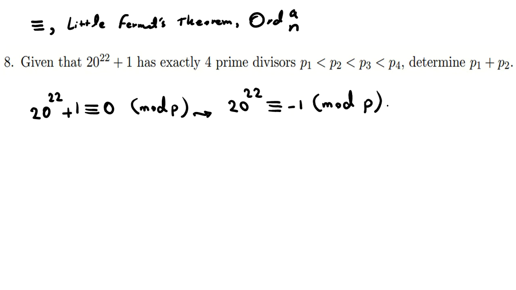Now, if we raise both sides to the power of 2, it is like equality, congruency. Raising to the power of 2 means multiplying this by itself. It is congruent to 1 mod P. Now, we've reached this also by little Fermat's theorem.